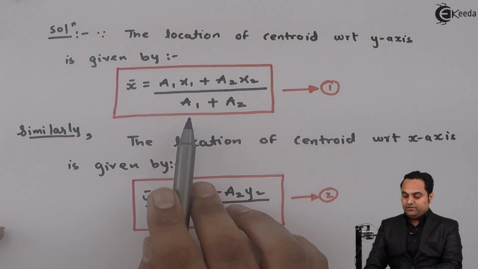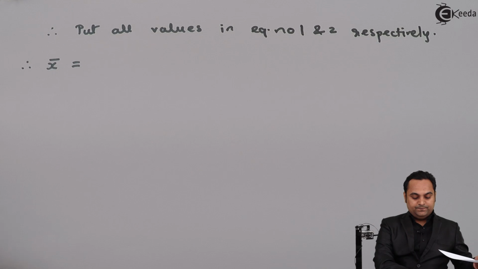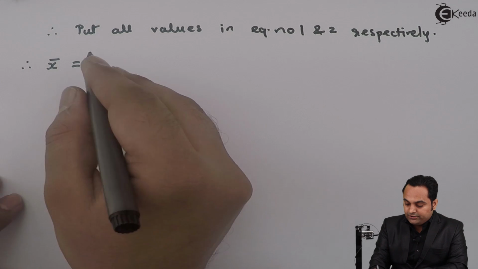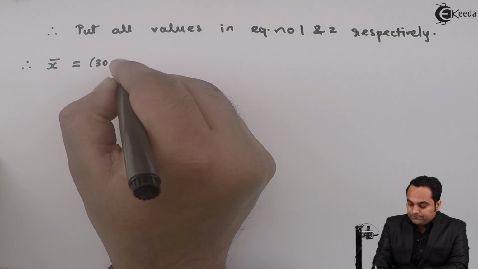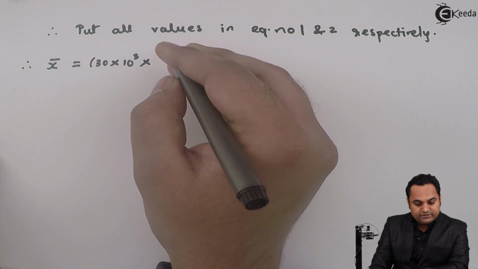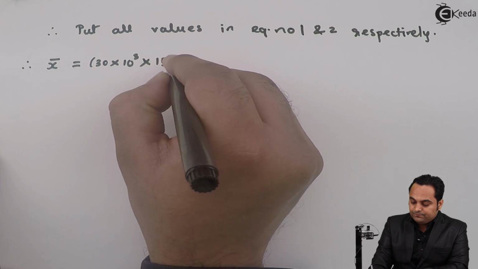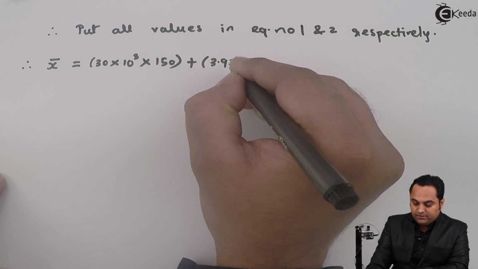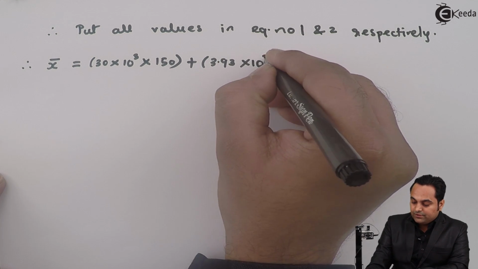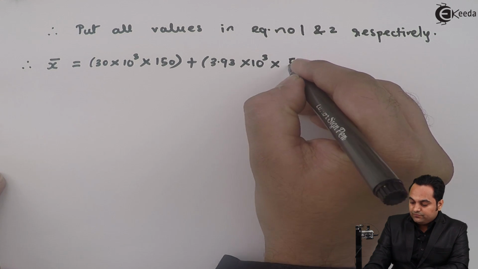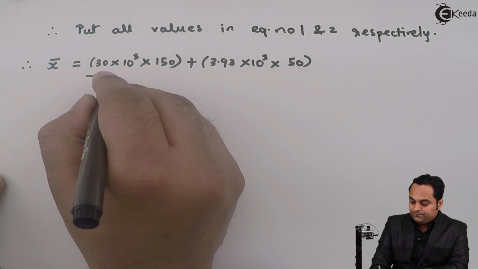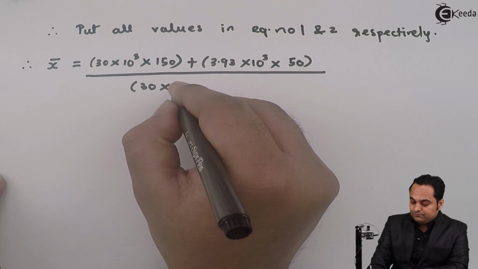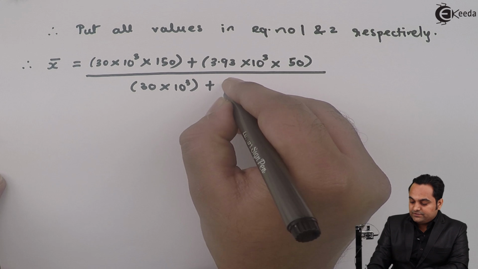Here we have equation 1, divide by a1 plus a2. So I'll put the values here. So first is a1, it was 30 into 10 raised to 3 into x1 150 plus a2 3.93 into 10 raised to 3 into x2, which is 50, divided by a1 plus a2.